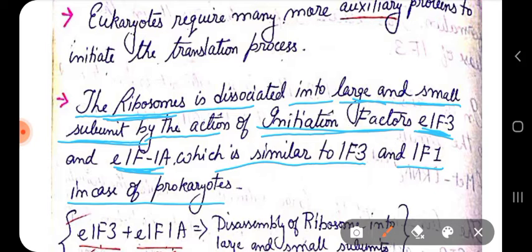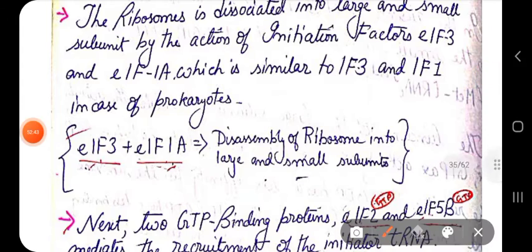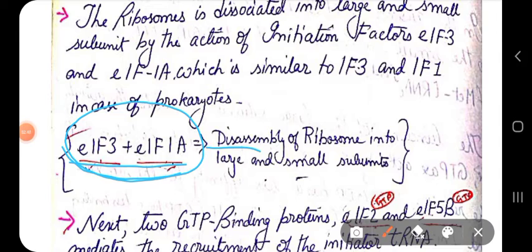These are analogous, or similar, to IF3 and IF1 found in prokaryotes. I have written it again for you to remember easily: eIF3 and eIF1A cause disassembly of the ribosome into large and small subunits.